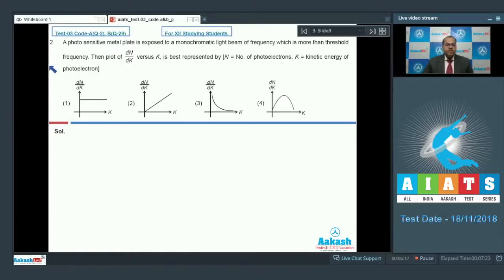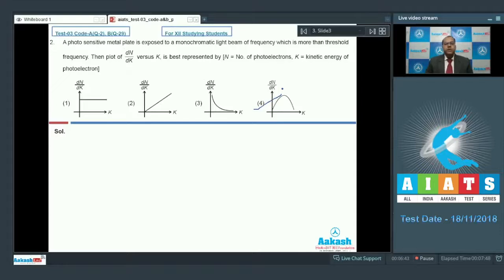So the rate will be increasing initially and then decreasing. In the options, dn by dk is 0, that is wrong. It is continuously increasing, that is wrong. It is decreasing, again wrong. It first increases, reaches a maximum and then decreases. So option 4 is the most appropriate answer.